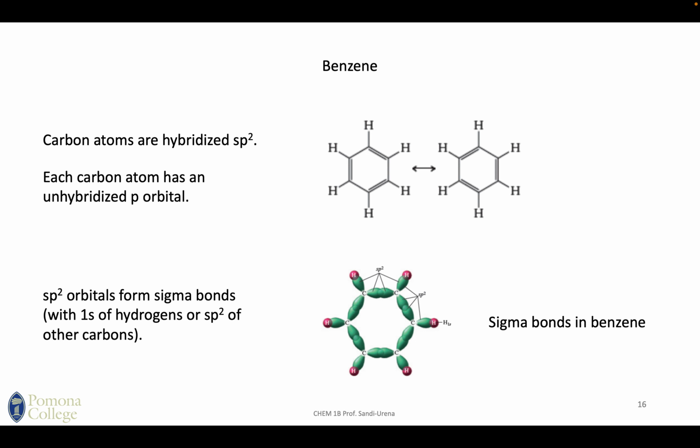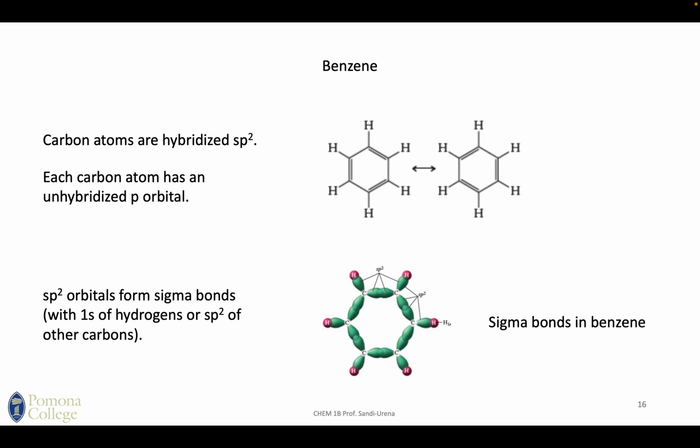wherever 2 lines meet, we're going to have a carbon. So for each one of these structures, we have a cycle, and that cycle has 1, 2, 3, 4, 5, 6 carbons, and each carbon is attached to one hydrogen, and each carbon is attached to 2 other carbons.